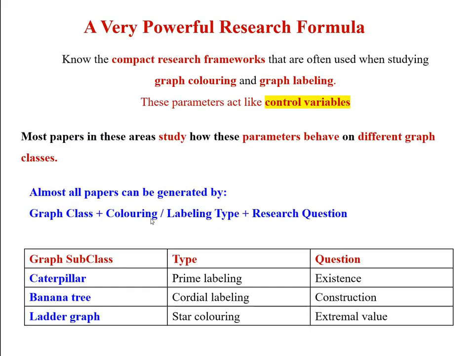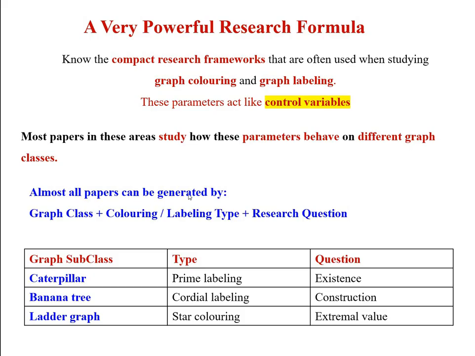Now a very powerful research formula: you should know the compact research frameworks that are often used when studying graph coloring and graph labeling. These parameters act like control variables. Most papers in these areas study how these parameters behave on different graph classes. That is what we saw, isn't it?